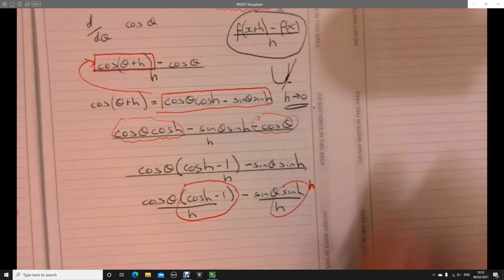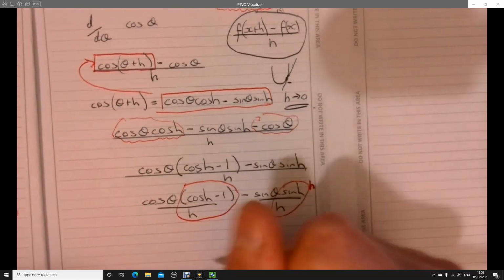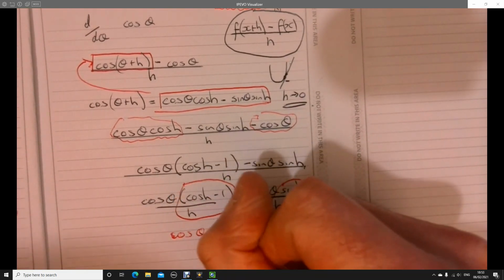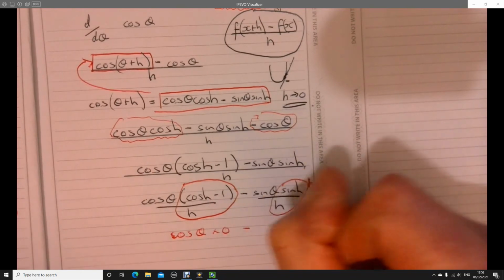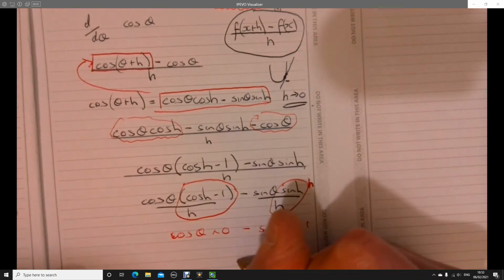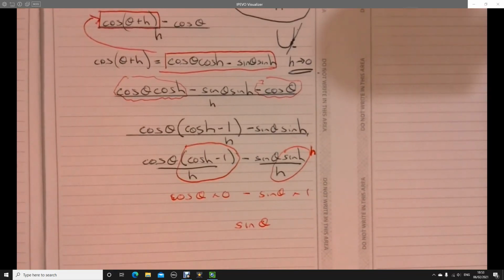So those two things will just cancel out, be like a 1. Okay, right. And then this part here is going to be 0. So you have cos theta multiplied by 0, and then sine theta multiplied by 1. So therefore, it's all equal to sine theta.